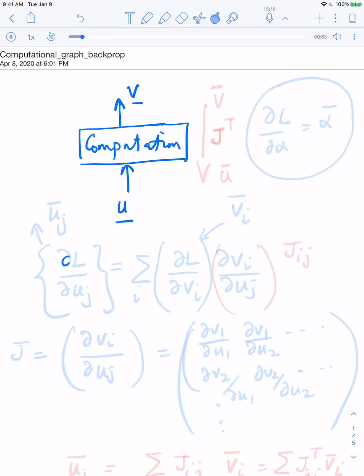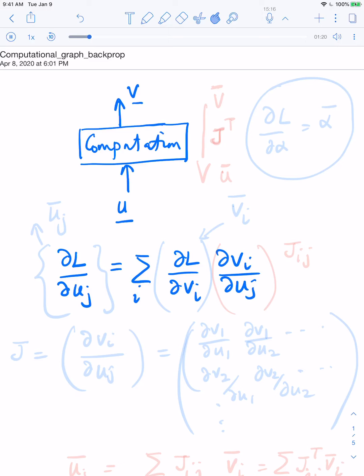So I have a loss function, and I'm trying to compute del L by del uj, say. Well, that's going to be del L by del vi times del vi by del uj, summed over all these i's.